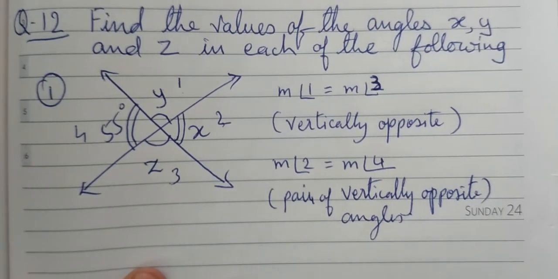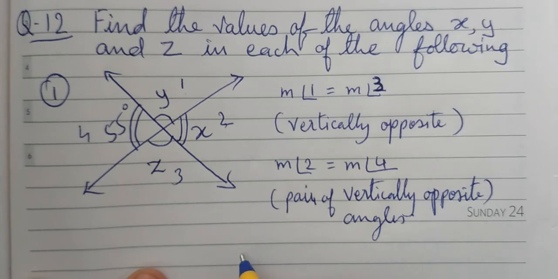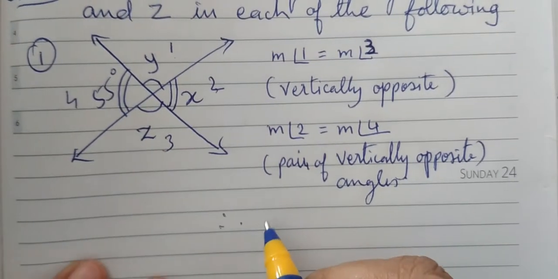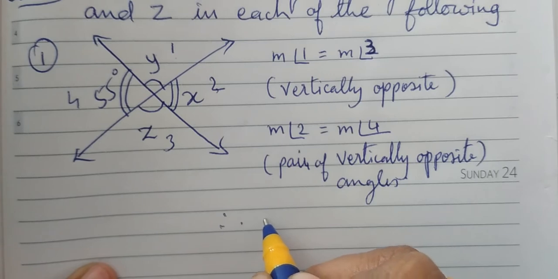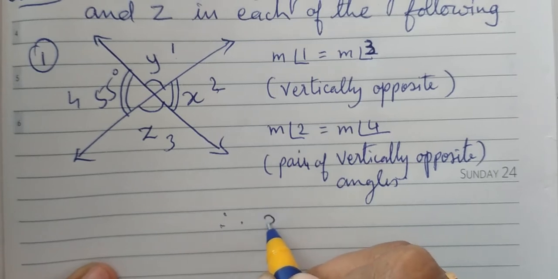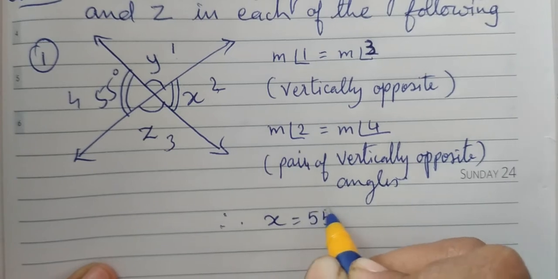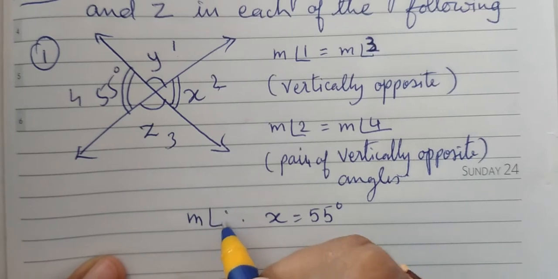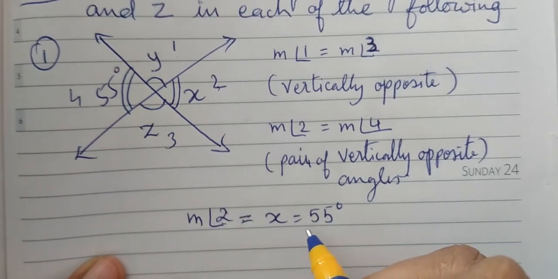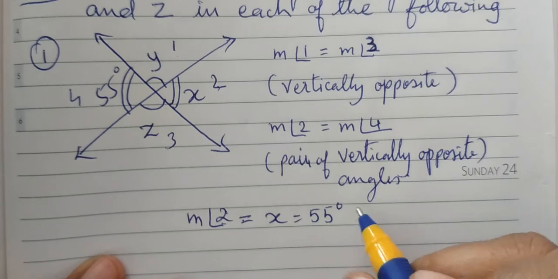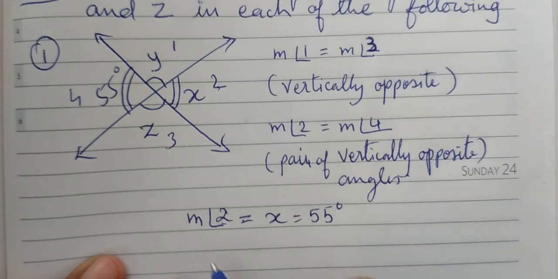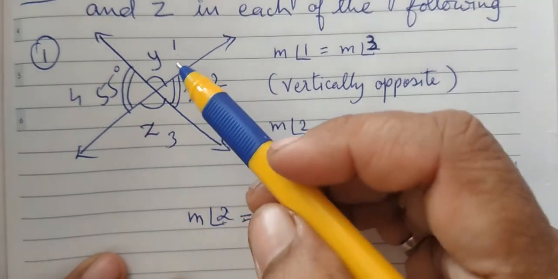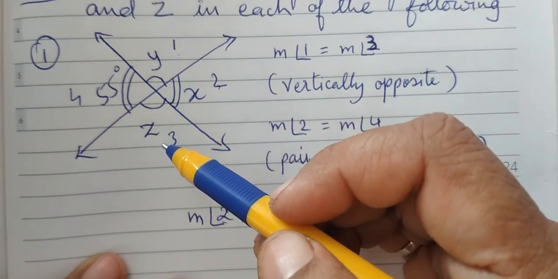So now, therefore, the first thing we can take: x is equal to 55 degrees. Vertically opposite angles are always the same, right? X is measure angle 2. You can write one more thing: measure angle 2 is equal to x, and that's equal to 55 degrees. Now to find either of the other angles, we have to find one first.